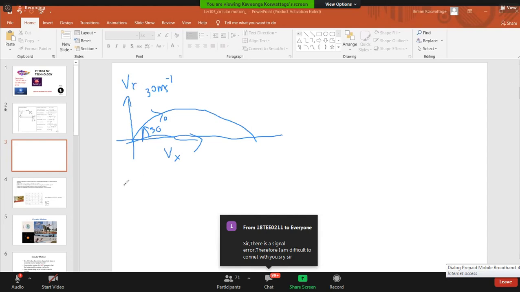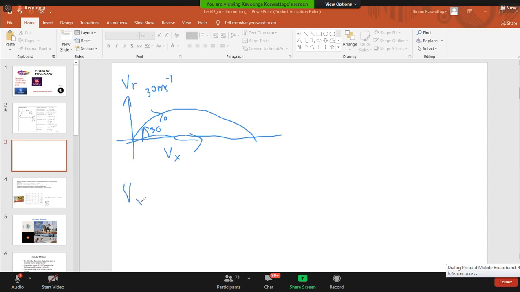So Vx we can write very simply, which is 30 cos 30. And then Vy is 30 sin 30.